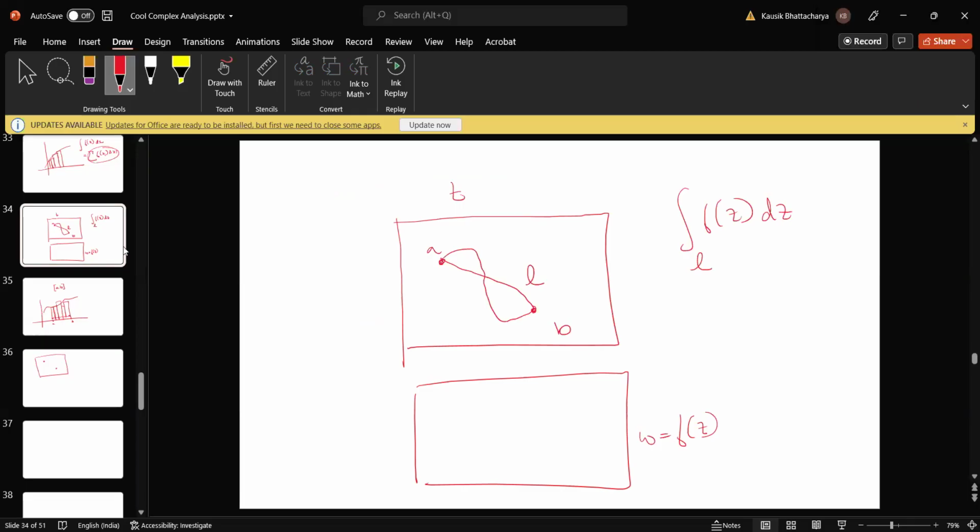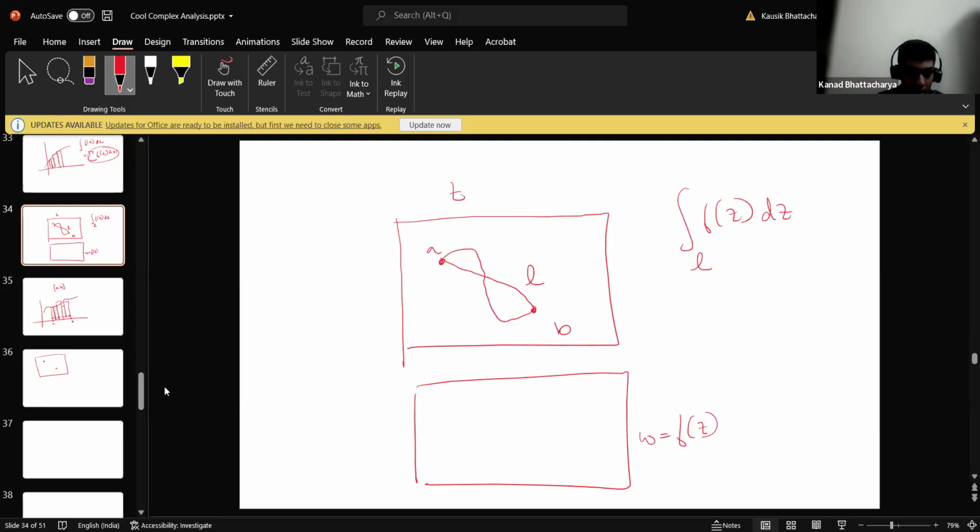Sure. See, in the case of an interval, you can only go from a to b, right? It's just one line. You can't go to the left or right, you can just go straight from a to b. But when you have a plane, you can go up, down, left, right. As long as you end up at b, that's kind of the same thing. In the case of intervals, you might say, oh, okay, I can go along the positive x-axis and then go back, right?